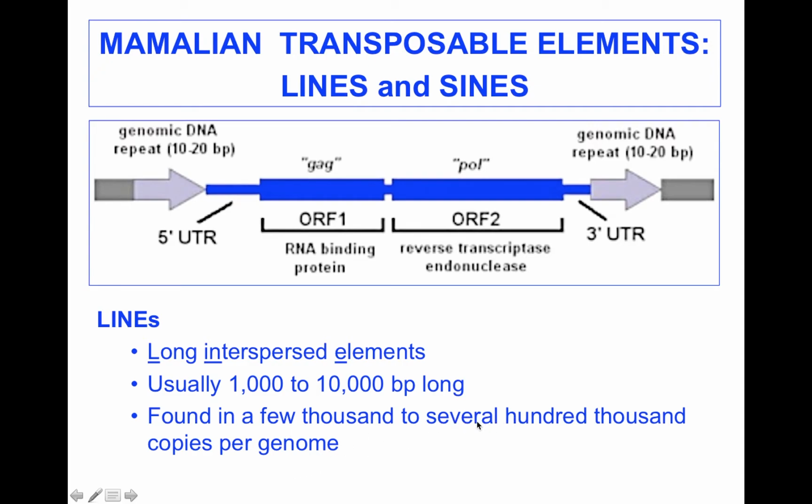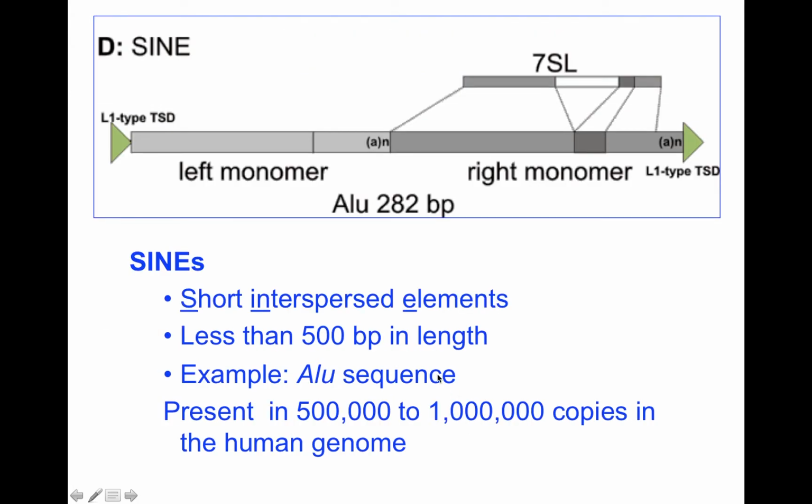In humans, it's a higher amount. SINEs are short interspersed elements that are less than 500 base pairs in length. An example is the Alu sequence. The Alu sequence came about from reverse transcription of a small cytoplasmic RNA that has a very important job, called the 7SL RNA.